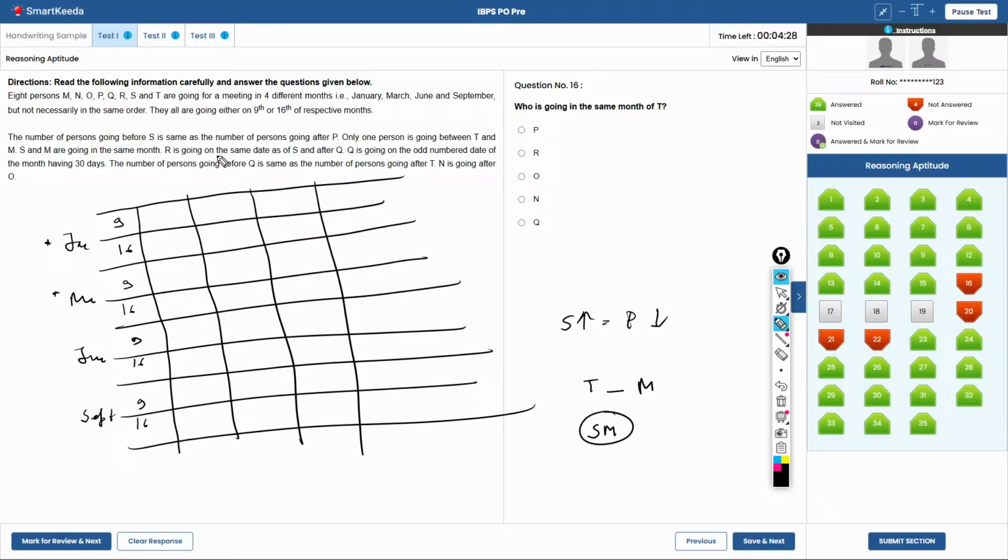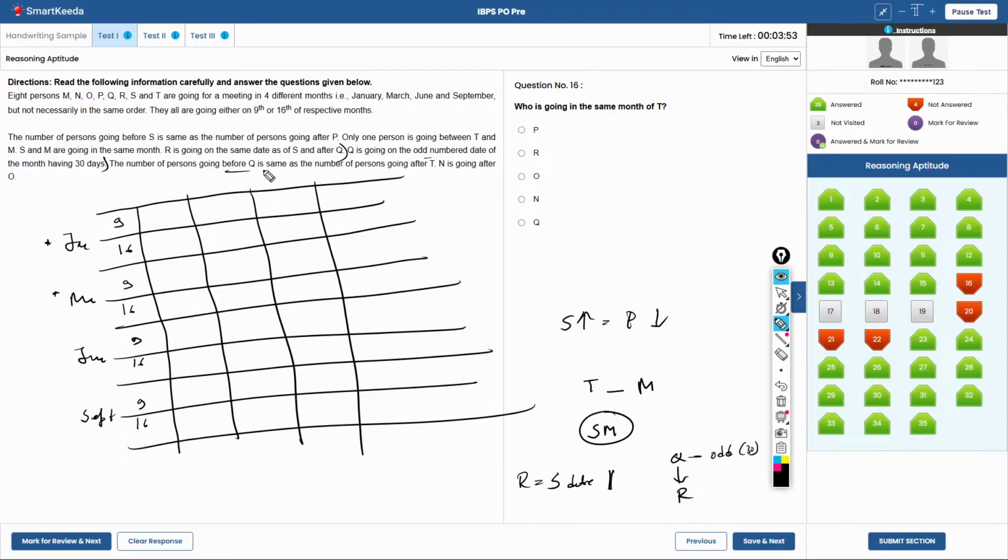R is going on the same date as S, but R is going after Q. Q is going on an odd date, in a month having 30.